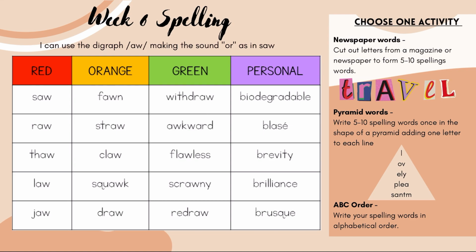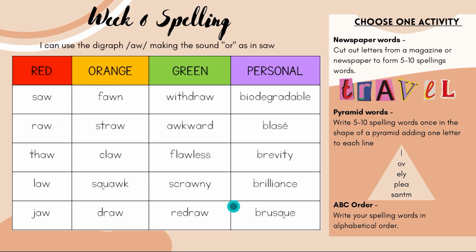However, another very important thing that you need to do when learning spelling is to actually understand what the words mean. So if you are focusing on the personal words this week, and perhaps you don't know what brusque means, please go onto Google and do a quick search and just find out what it means. It will help you have a much deeper understanding of the word.